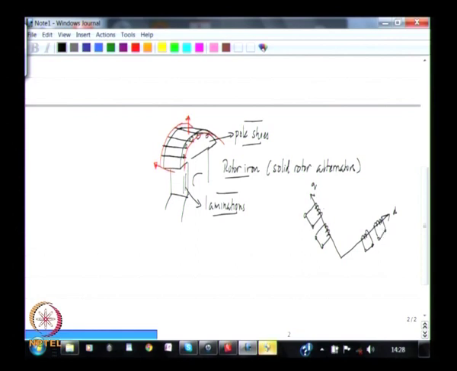So all these are then representations of damper circuits to be more general. This may be formed within the damper bars or it may be formed in the solid rotor part of the alternator, that is somewhere in these regions.